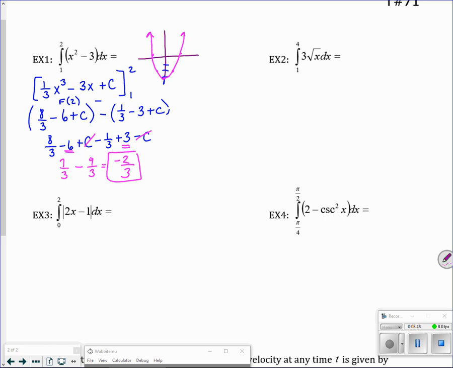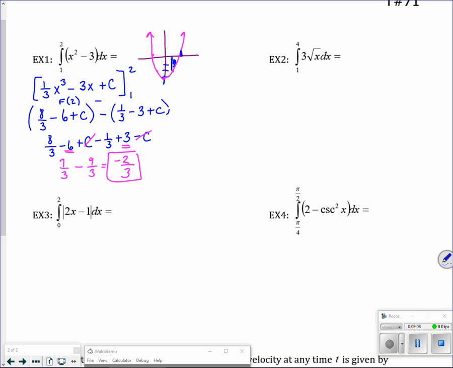Now what is that integral finding? The integral is finding the area under the curve, so from 1 to 2. Obviously I have a little bit of area above, and some area below. Does it make sense that my answer is negative?